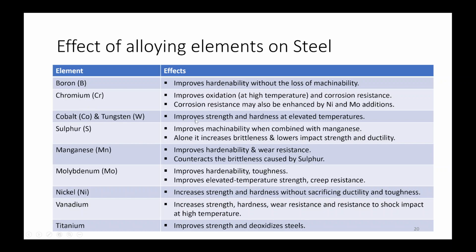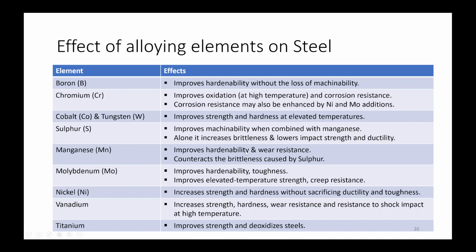Cobalt and tungsten improve strength and hardness at elevated temperatures. Sulfur, we know that it increases brittleness, but it improves machinability when we combine it with manganese. Alone, it increases brittleness and lowers impact strength and ductility.